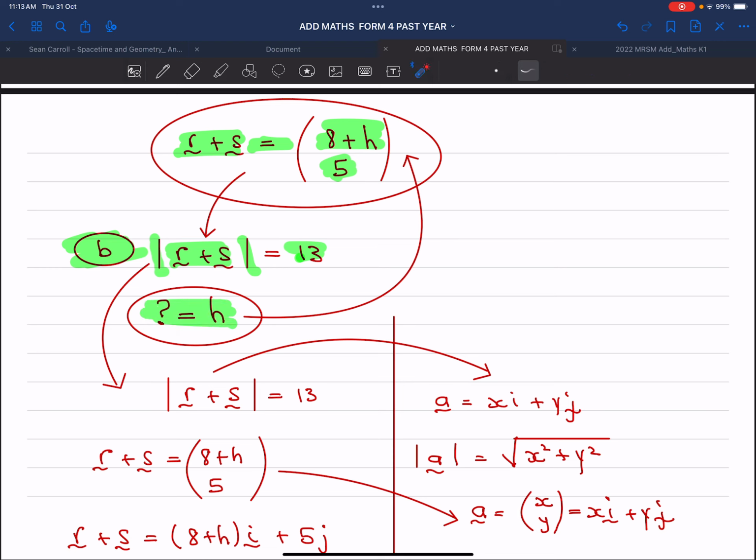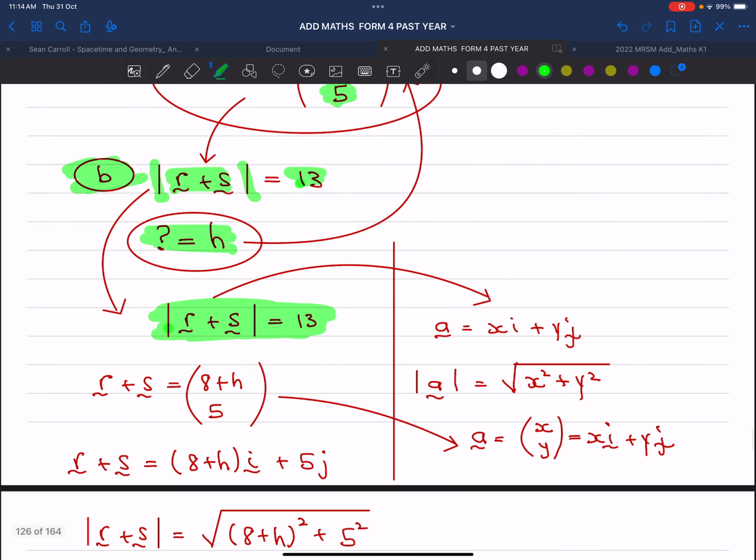As usual, we start from what they ask. They are asking H. I shall go to the vector that has the H, which is the vector R plus S. And we were given the magnitude of the vector R plus S. Therefore, I start with magnitude of the vector R plus S is 13.